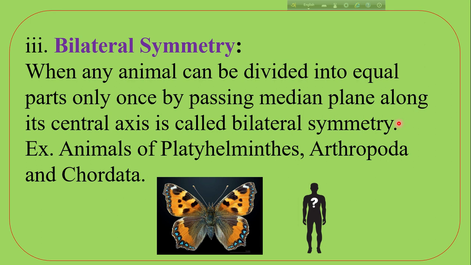That means our organs are in pairs most of the time: eye 2, nostril 2, ear 2, hand 2, leg 2. That means we may divide it into two same parts.